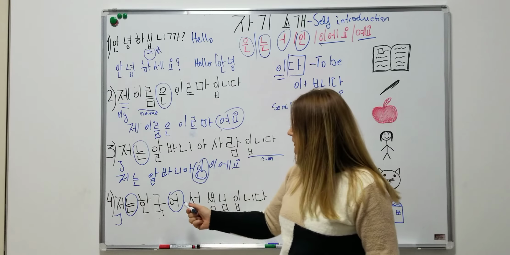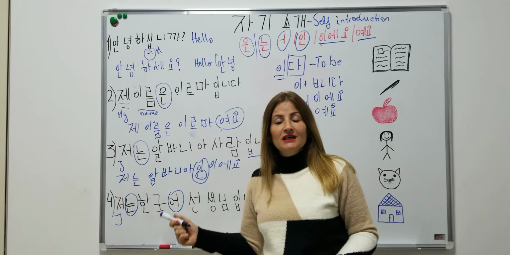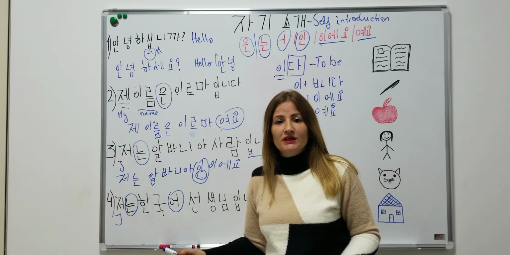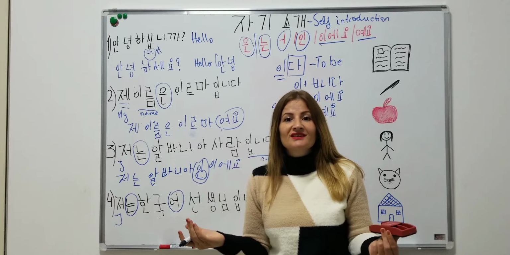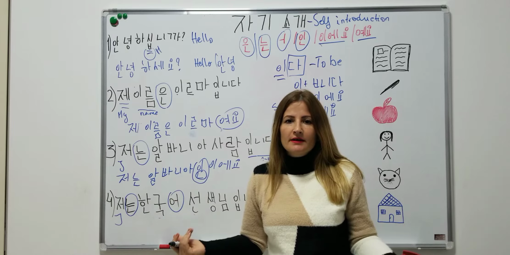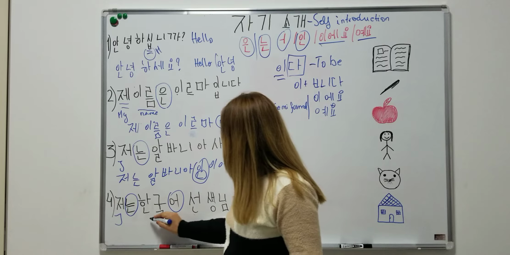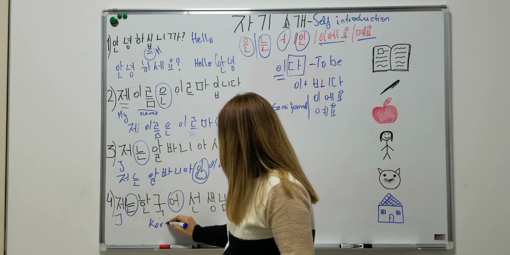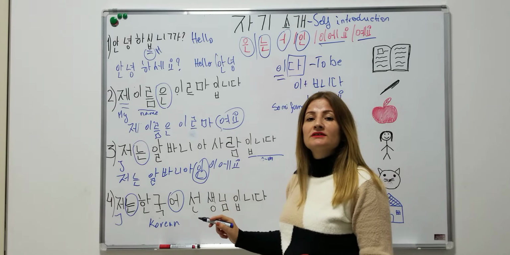When 어 is after the nation or the country, it indicates language. So, what is the language that is used in Korea? Korean, right? So, I would say, I, Korean, 선생님, it means teacher.